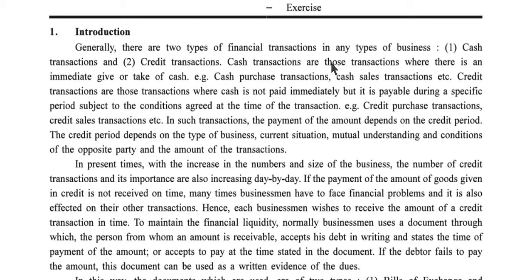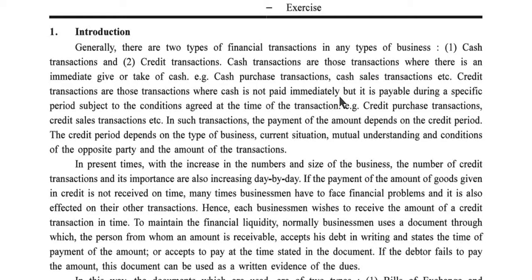Cash transactions are those transactions where there is an immediate give or take of cash. It means cash payment is on the spot. As examples, cash purchase transactions, cash sales transactions, etc. Credit transactions are those transactions where cash is not paid immediately.